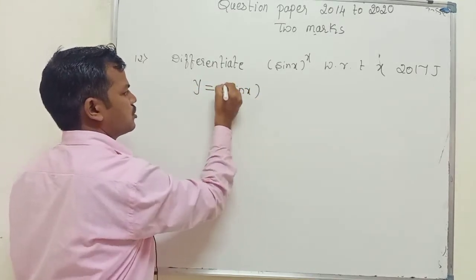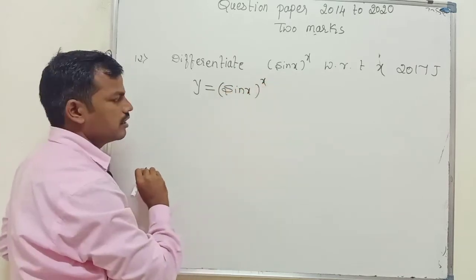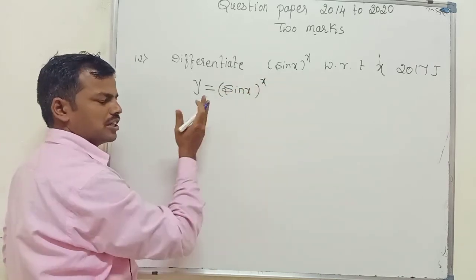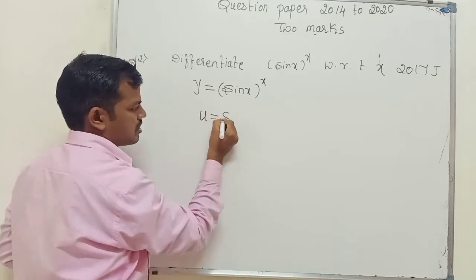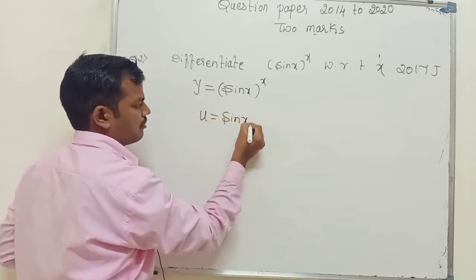sin x raised to x. To use the formula, consider u is equal to sin x and v is equal to x.